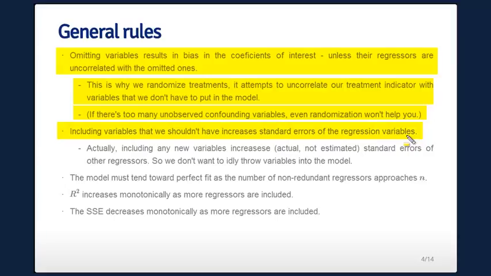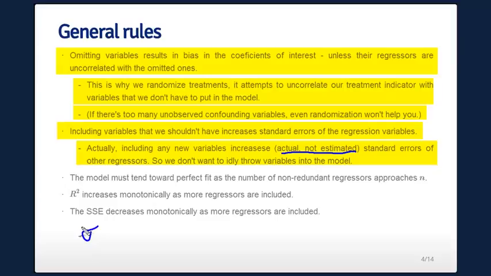Including variables that we shouldn't have increases standard errors. It turns out that including any new variables increases the standard errors of the regressors. I want to emphasize this point: it increases the actual standard errors, not the estimated standard errors. What happens with the estimated standard errors remains in question, because there are two parts to the standard error of a regressor.